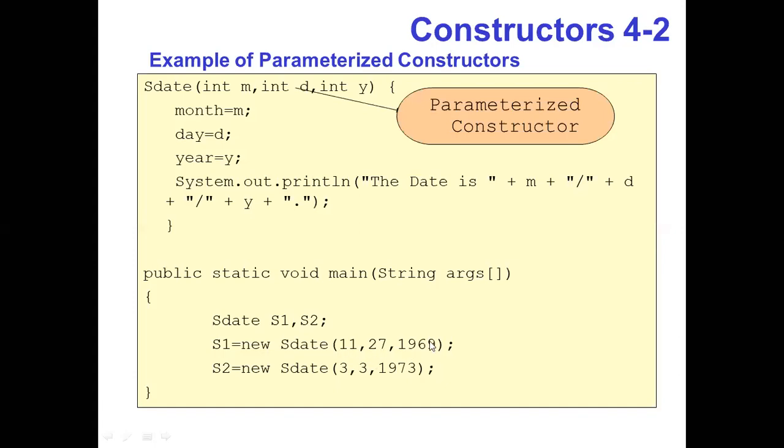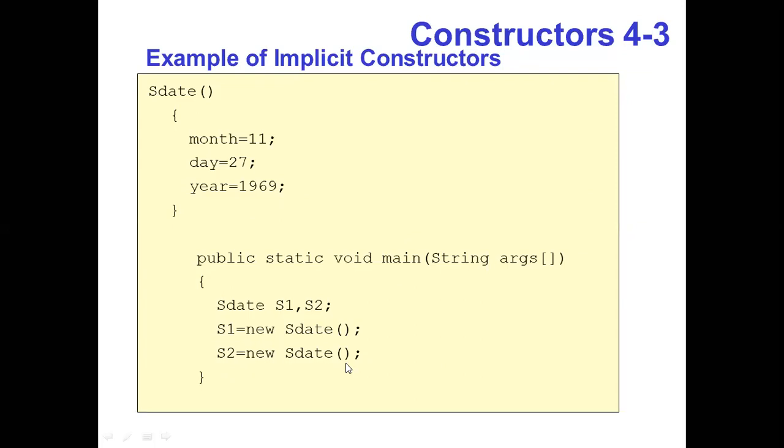These three values are parameters, so we are passing them to the constructor while creating the object. Like that for the s2 object: new sdet 3, 3, 1970. Here also we are passing three parameters.